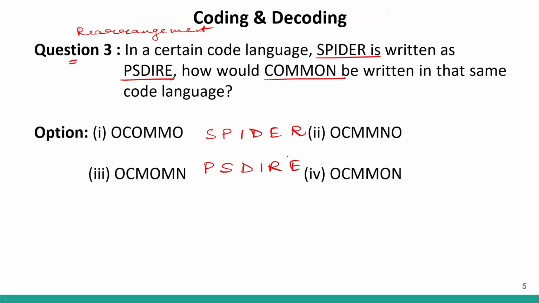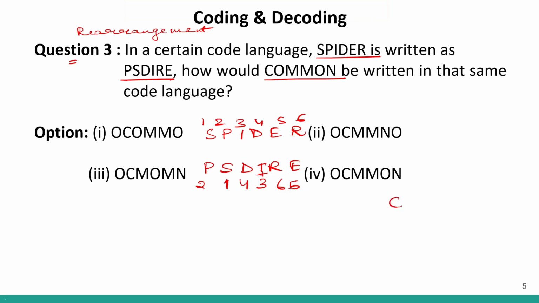So again, I will assign the numbers 1, 2, 3, 4, 5, 6. P is basically 2, S is 1, D is 4, I is 3, R is 6, and E is 5. So basically 1, 2, 3, 4, 5, 6 is rearranged as 2, 1, 4, 3, 6, 5. It is rearranged like this.